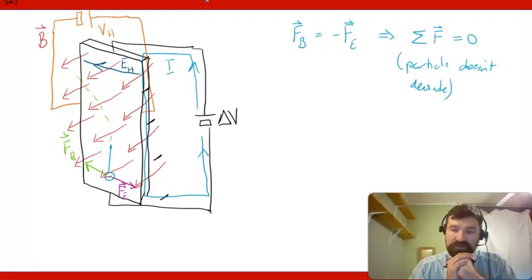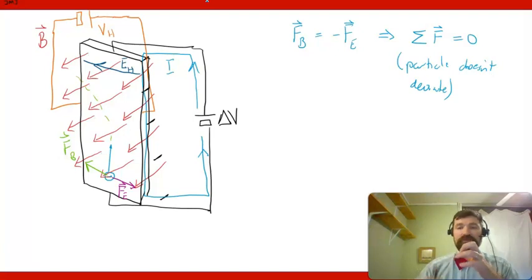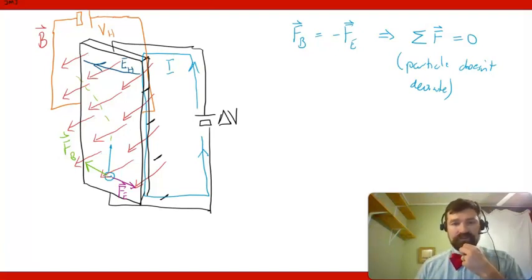If I have too much or too little bias voltage, then the probe voltage will differ from the bias voltage, because I will have moved particles to one or the other side of this sheet. That's what causes a difference between the bias voltage and the measured voltage. So if I get the bias voltage to be equal to the measured voltage, we could call that the Hall voltage.